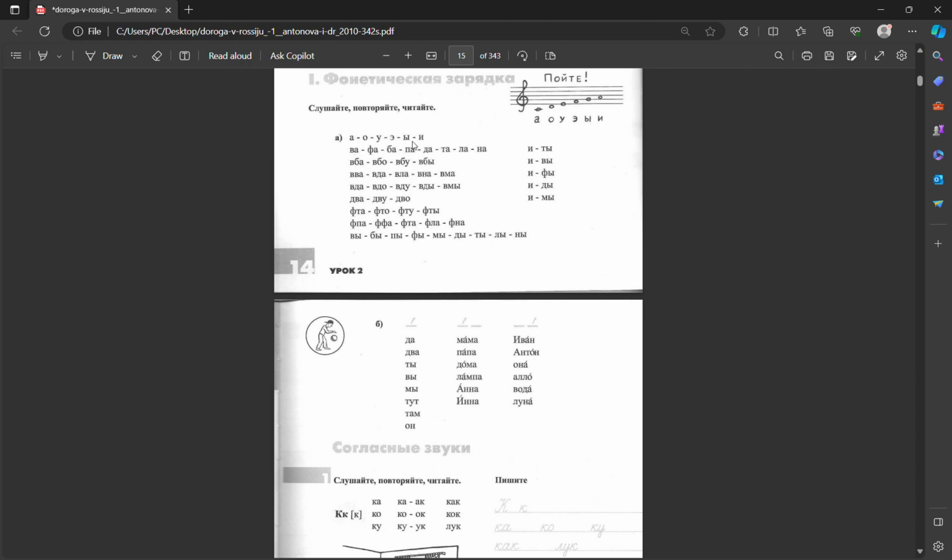I. By the way, take into account the pronunciation of this letter here, which is not really a letter, but more like a tone.